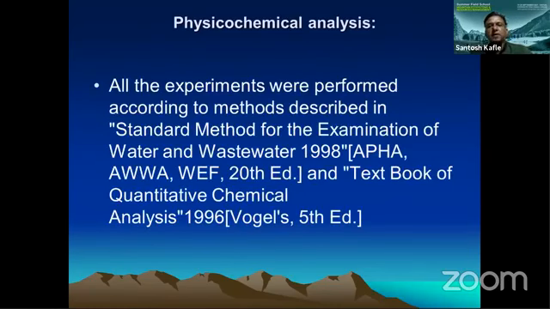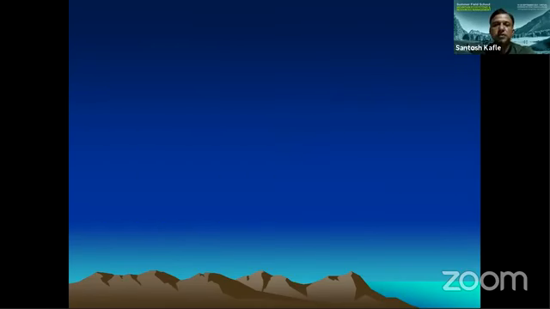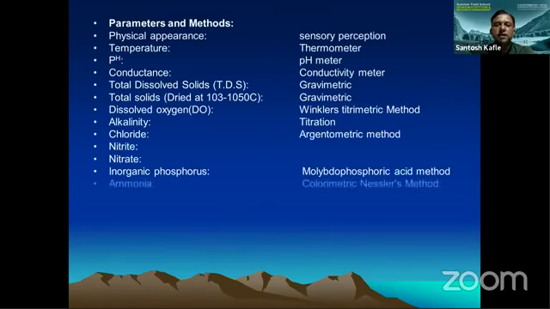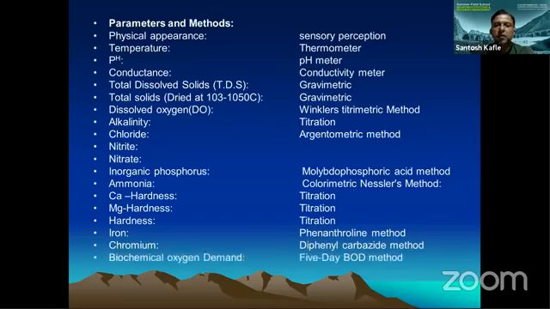So all the experiments were performed following the Standard Methods for the Examination of Water and Wastewater from the American Public Health Association, and for quantitative chemical analysis, Vogel 1996, 5th edition was used. So these are the different methodologies applied to find out the parameter values of the pollutants.